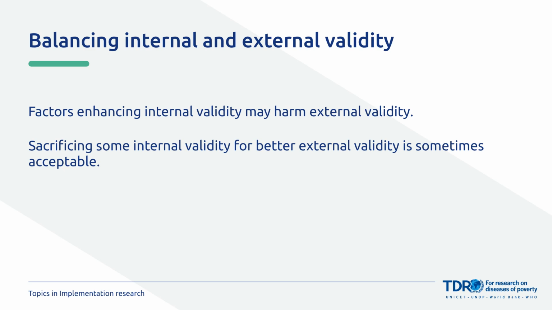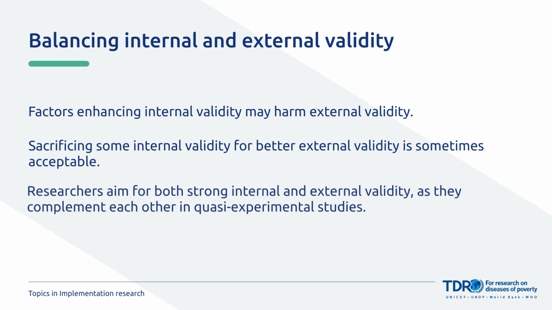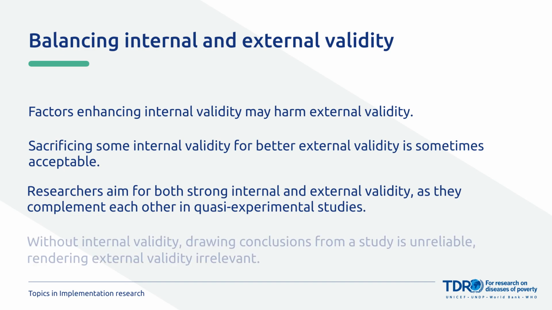Ideally, researchers aim for both strong internal and external validity, as they can complement each other in quasi-experimental studies. Once internal validity is confirmed, researchers assess external validity by considering if the results apply to similar populations in different settings. Without internal validity, drawing conclusions from a study is unreliable, making external validity irrelevant.